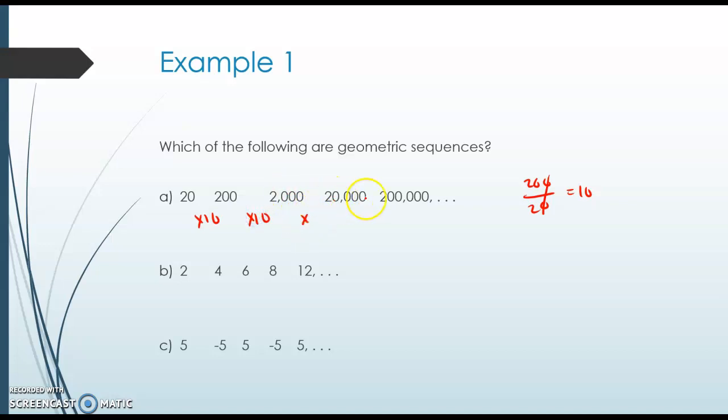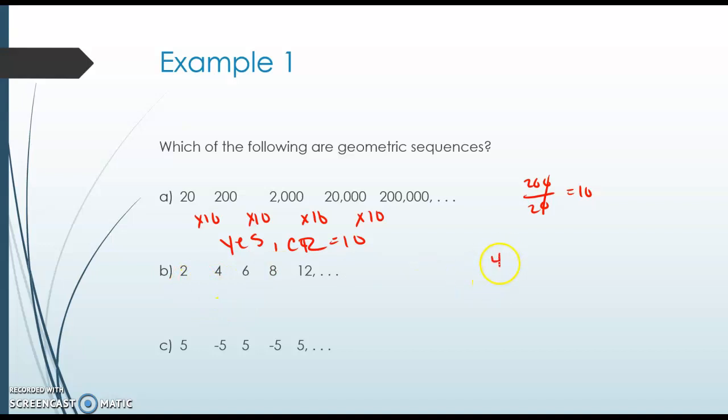And from 3 zeros to 4 zeros, times 10. And from 4 zeros to 5 zeros, times 10. Yes, it's a geometric sequence. Common ratio, I'm going to call that CR, equals 10. All right, next one.